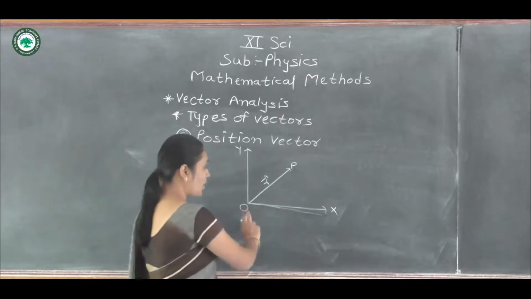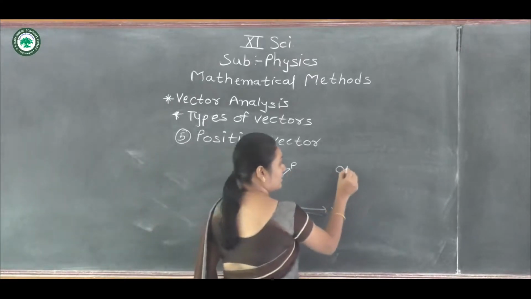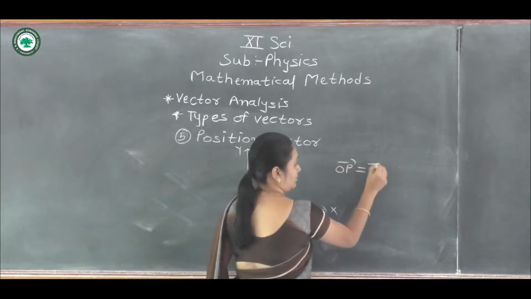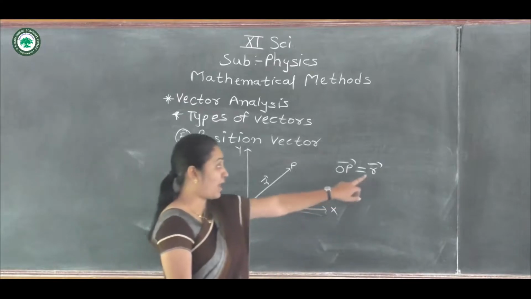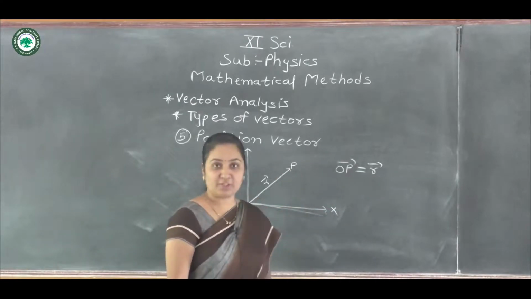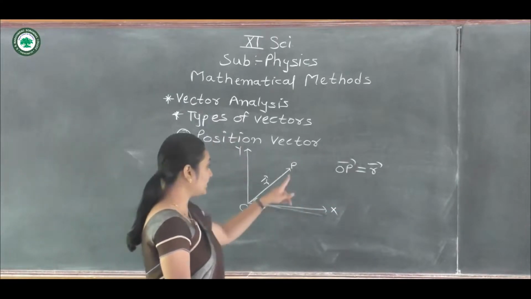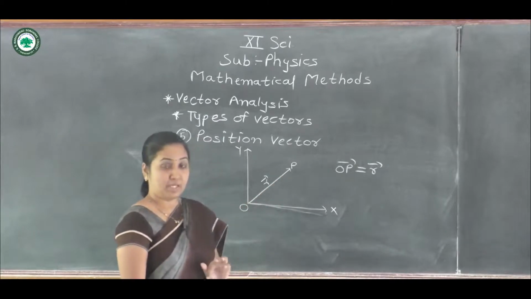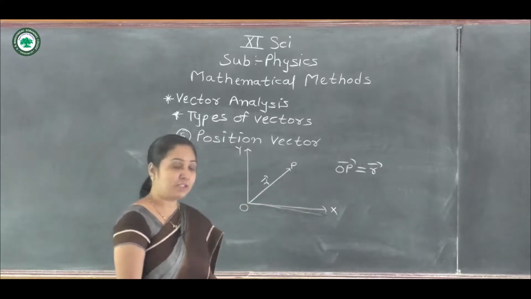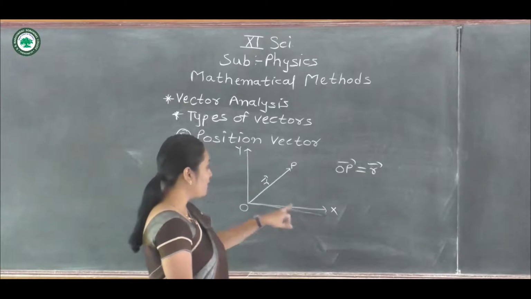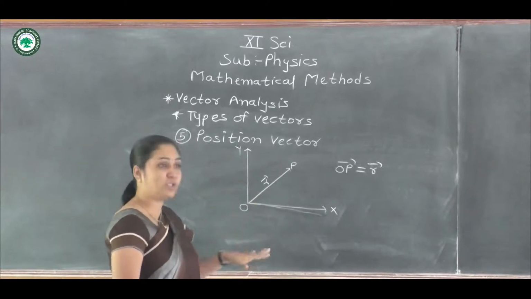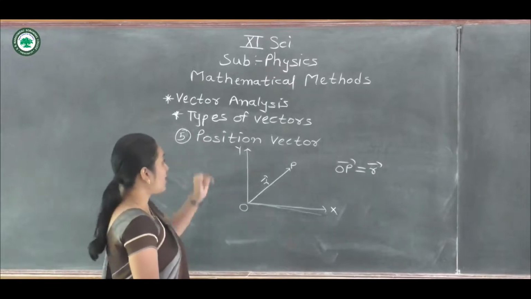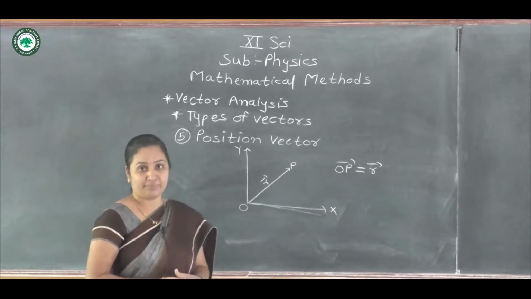So OP bar is equal to R bar. So R bar is the position vector of this vector OP. This gives the position of this vector with this coordinate system and origin O. So this is about the position vector.